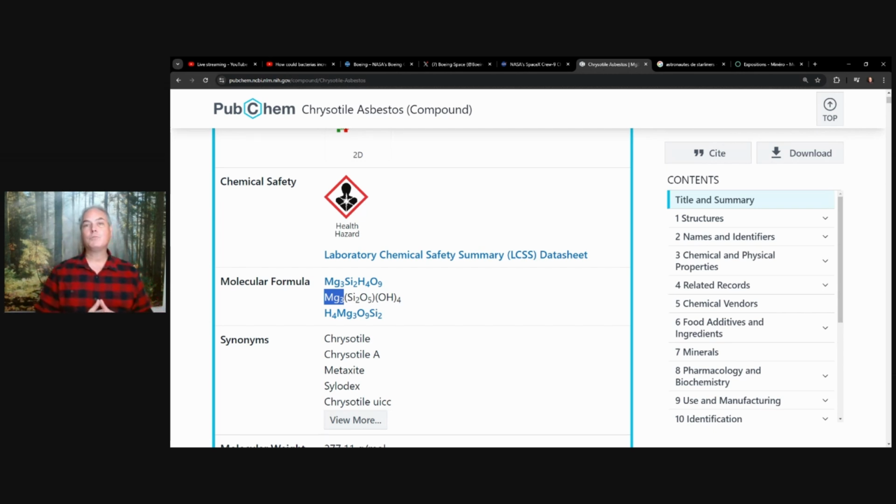I know that a few startup companies happened. There might be one still left, but the big issue is the energy needed to extract the magnesium from the chrysotile. So maybe in the future it will be possible to extract it where environmentally it's sound, energy-wise it's sound, and we'll see how it goes.